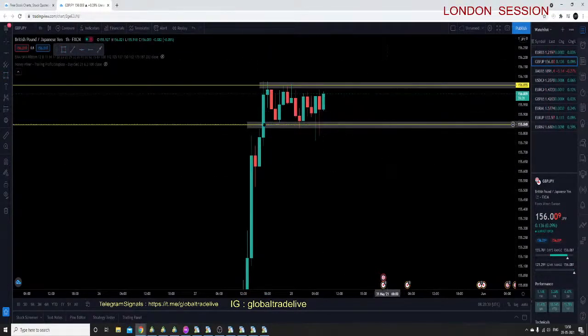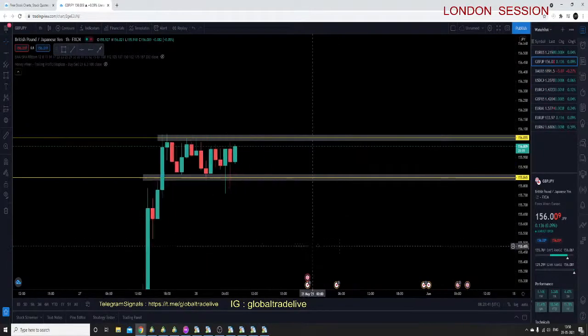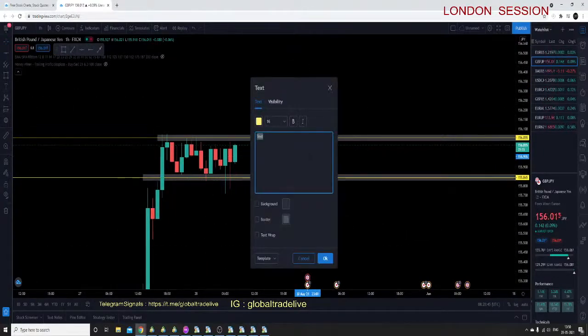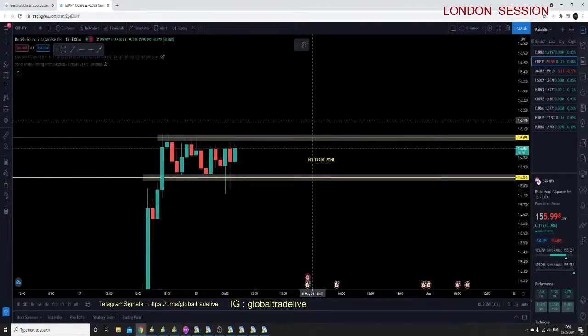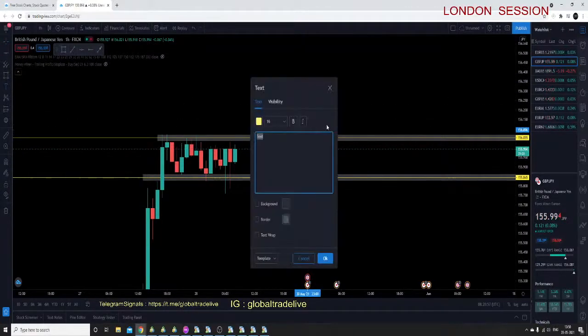So right now it's just consolidating between these two zones and doing nothing. I think good buys will be above 156.055. Let me give these some labeling. So this is our no trade zone here, and we can have buys above this area.